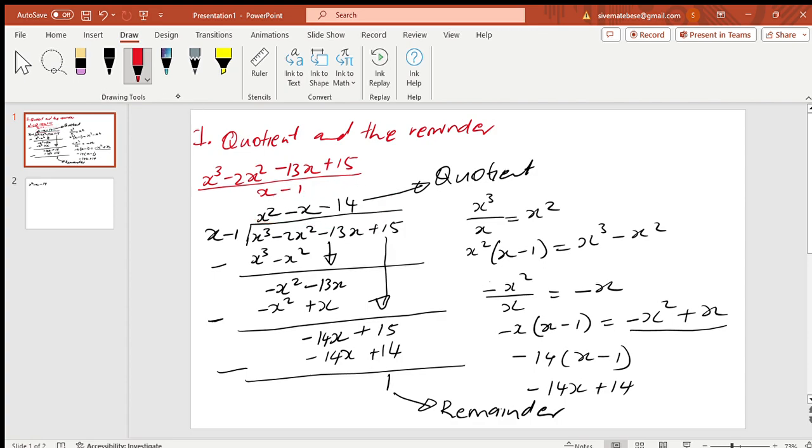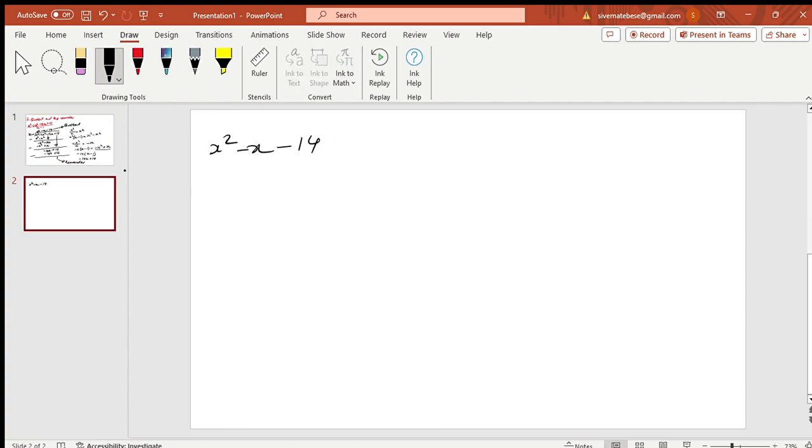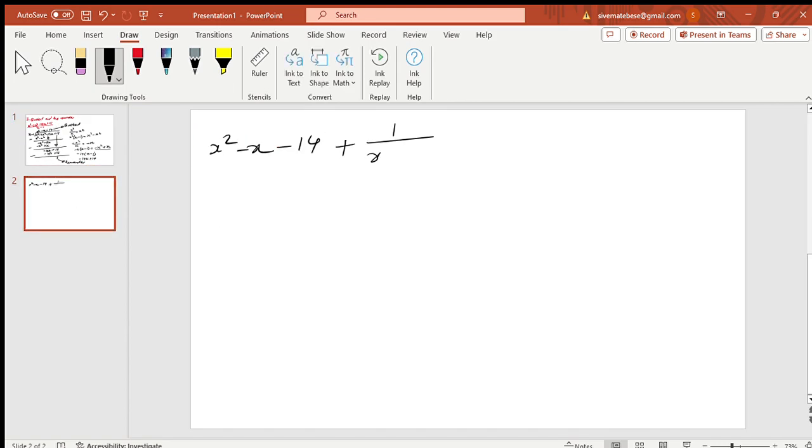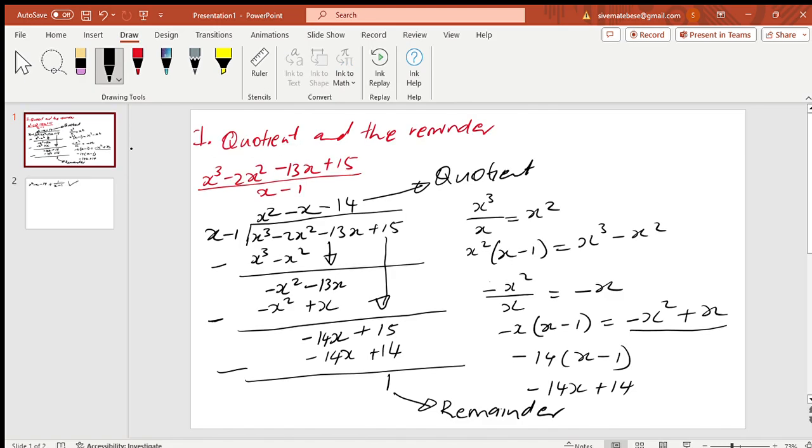This is actually our quotient, at the top. But with the full answer, the final answer would be plus 1 over the divisor, which was x minus 1, like that.